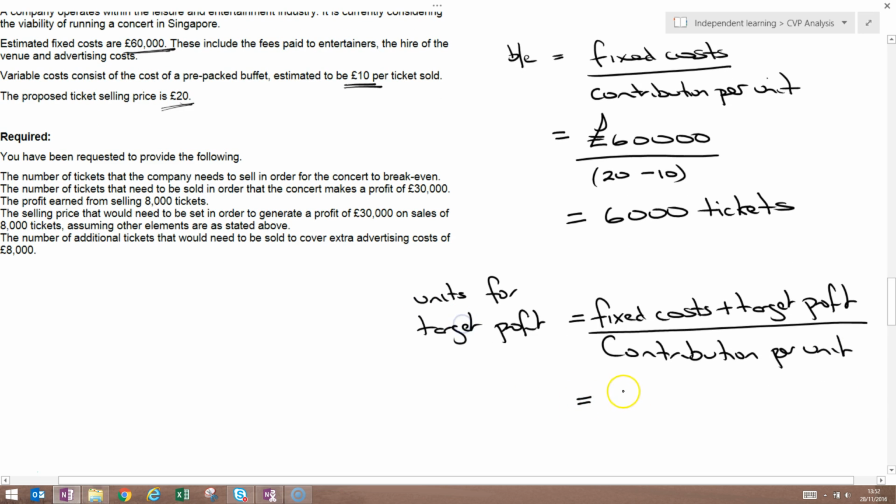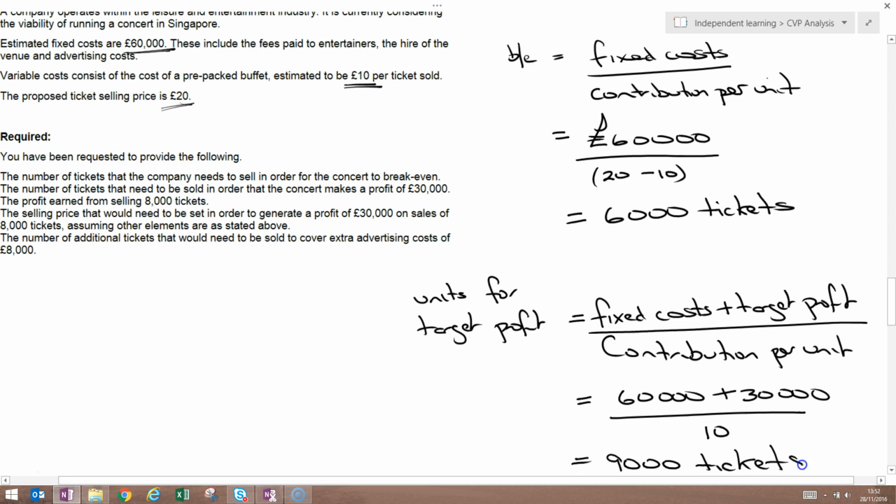So that is equal to fixed costs of £60,000. We're working out how many tickets we have to sell to make a target profit of £30,000, and we divide by the contribution per unit, which we know is 10. So that gives us an answer of 9,000 tickets. So to make a profit of £30,000, we have to sell 9,000 tickets.